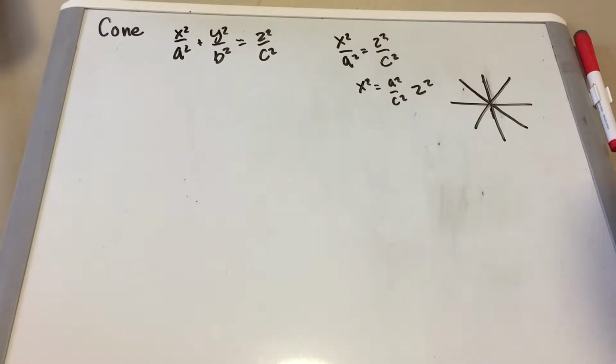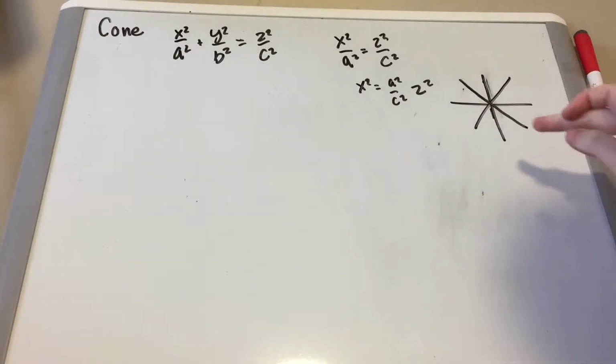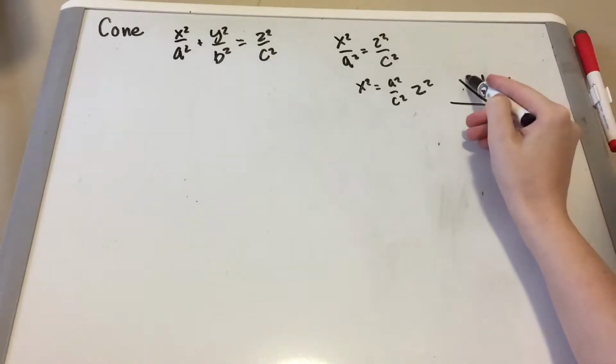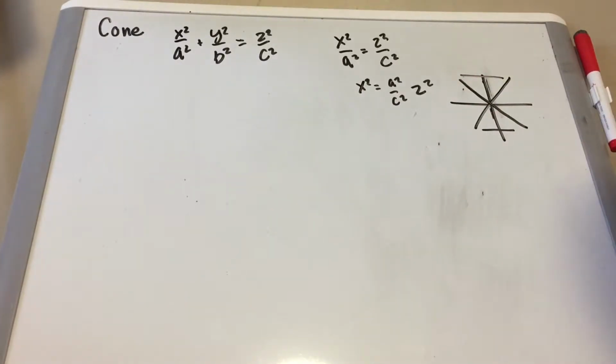And therefore, the traces in the xz plane will not be parabolas, but will be lines, triangles, when y equals 0.